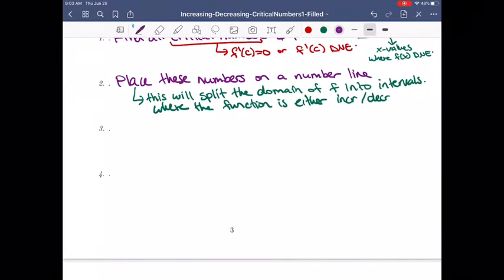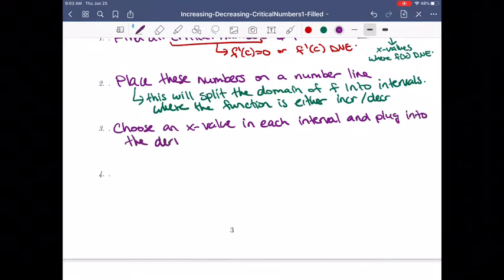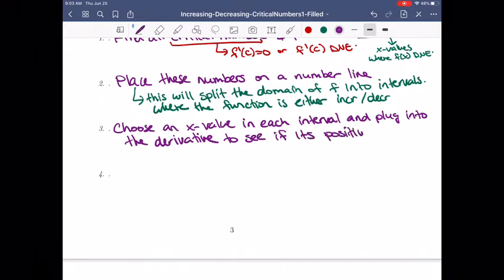Then what we have to do is choose an x value in each interval and plug it into the derivative to see if it's positive or negative. Then we can apply the test.